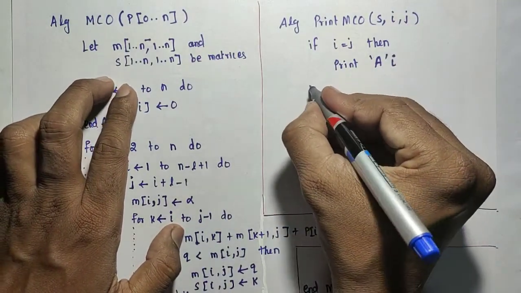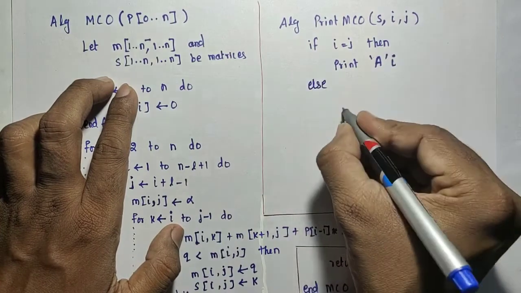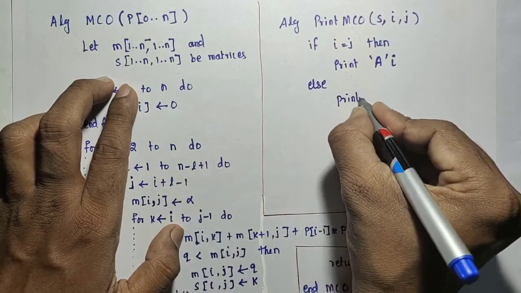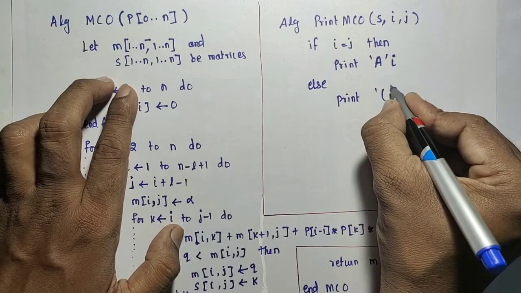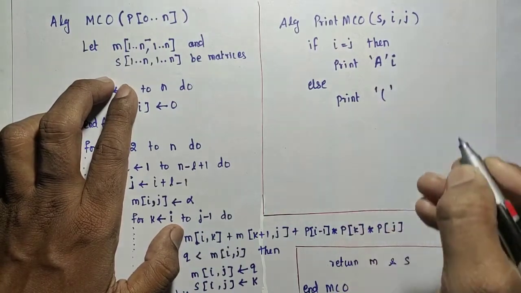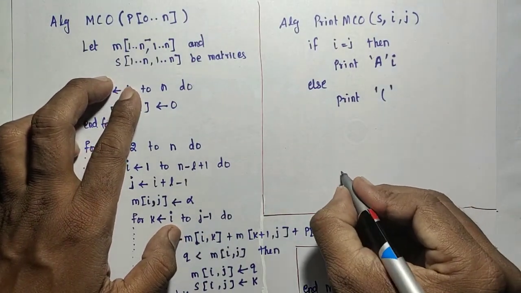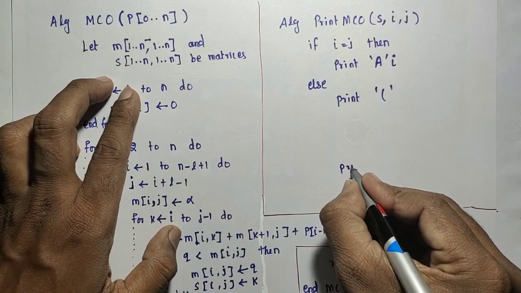Else, we need to print one open parenthesis and end with one close parenthesis.